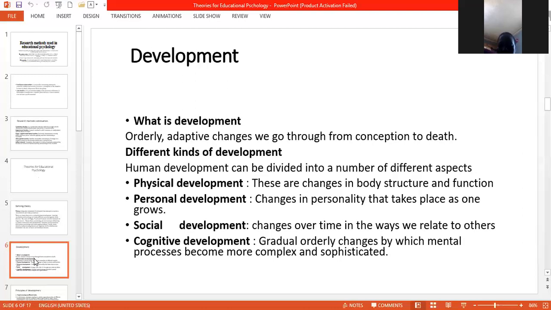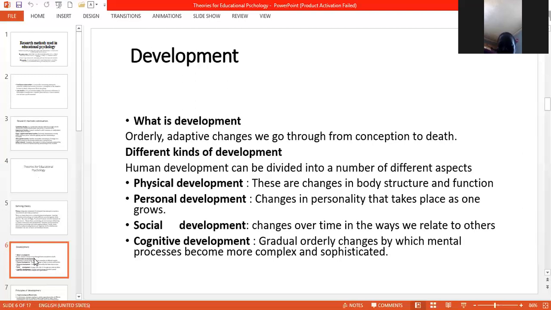As we teach the children in class, after doing everything on educational psychology, you will know when teaching the kids that the changes in their bodies affect in a way their teaching and learning. Personal development.